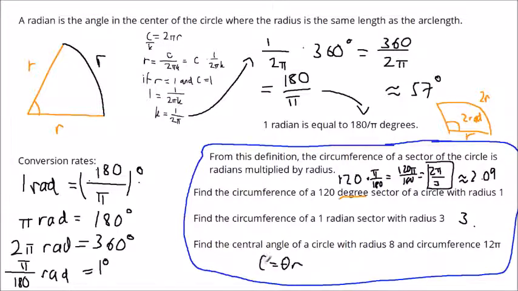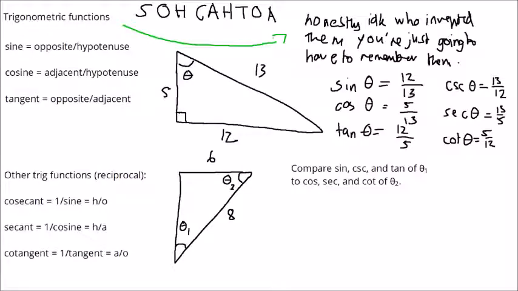We already know that our circumference is 12 pi, and our radius is 8. So 8 theta is equal to 12 pi. So theta is equal to 12 pi over 8, or 3 pi over 2, which is 135 degrees if you really wanted to know. But you should be able to leave it at 3 pi over 2, and it should be nice, right?